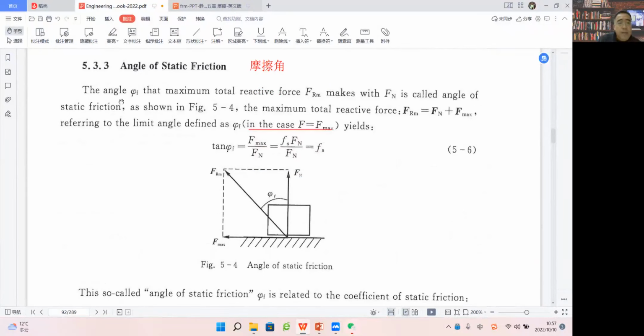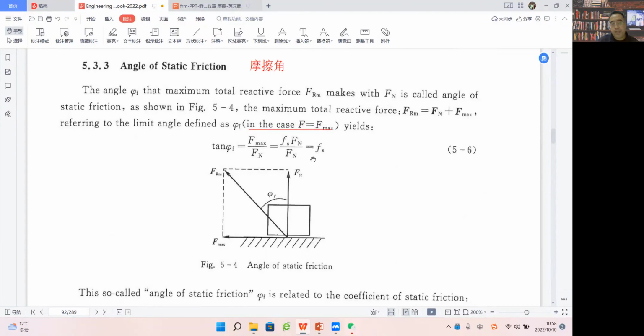The angle phi F that the maximum total reactive force FRM makes with Fn is called the angle of static friction. So at this time, if we keep Fn with the same direction and magnitude, our Fmax will equal Fs times Fn, right?